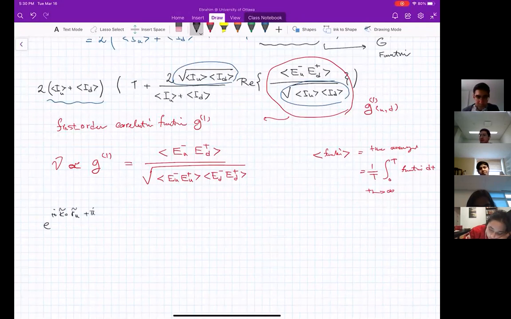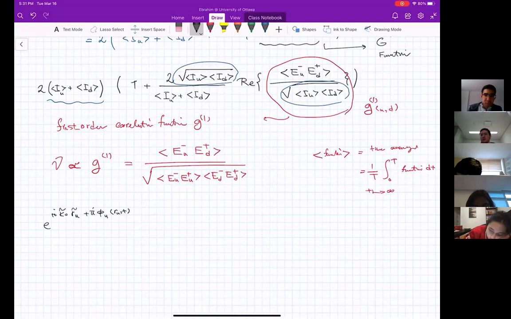This phase can even be random, it is up to you. Maybe it is scattered from a cloud of atoms which randomly interact with the photon and give a random phase, which depends on the position r_U and the time of arrival.